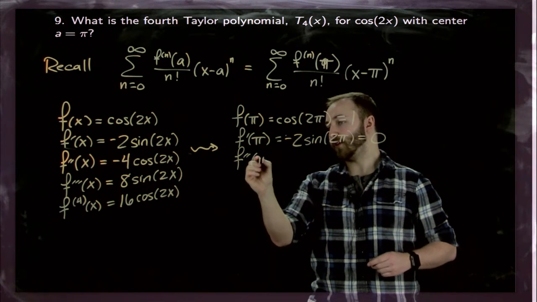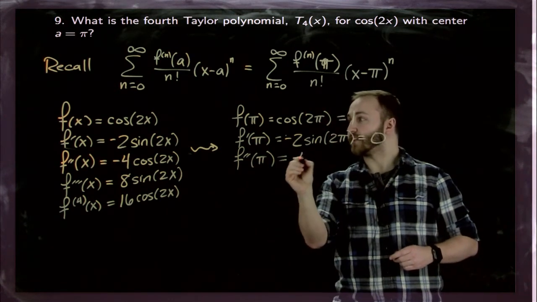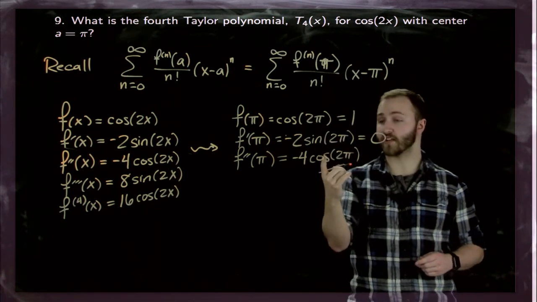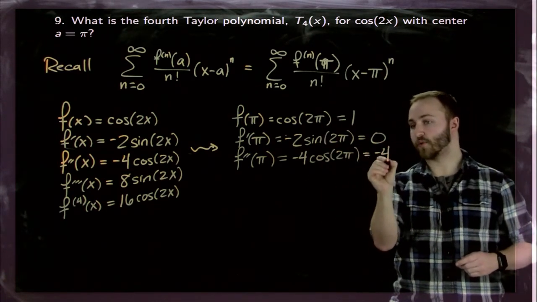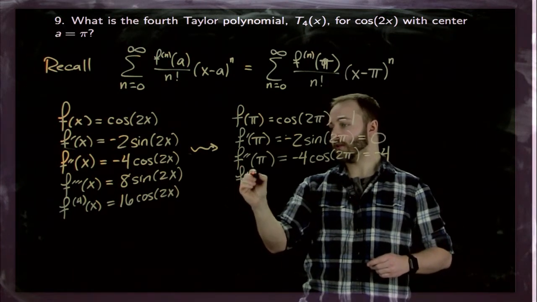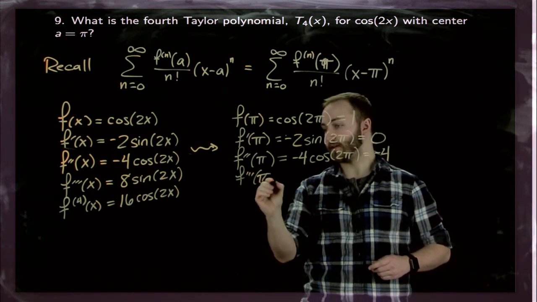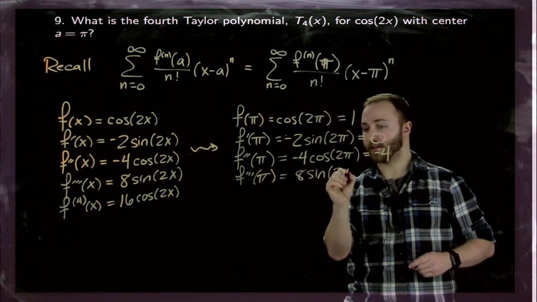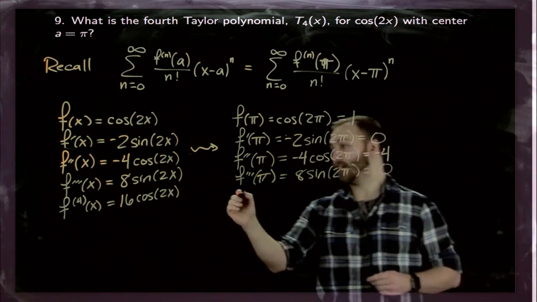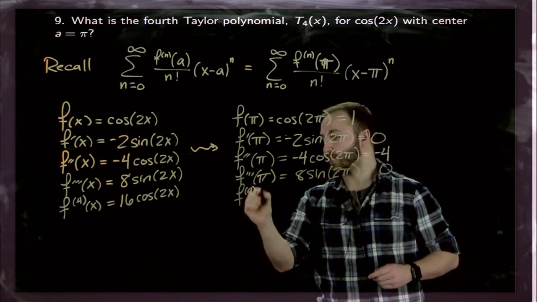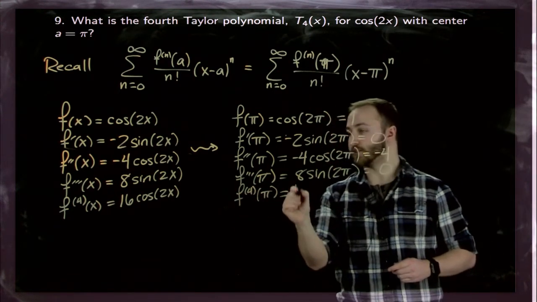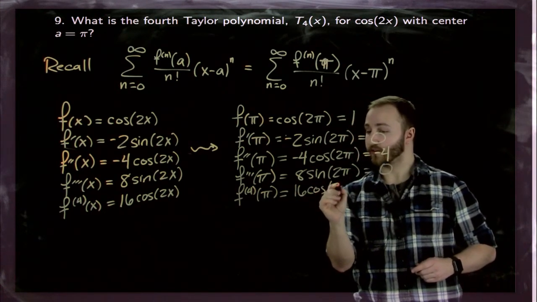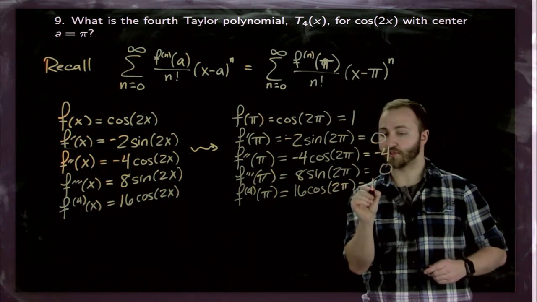Second derivative of f at pi is minus 4 cosine of 2 pi. Like we said before, cosine of 2 pi is 1. So this is minus 4. Third derivative of f at pi is 8 sine of 2 pi, which is 0 again. And finally, we get the fourth derivative of f at pi is equal to 16 cosine of 2 pi, which is equal to 16.